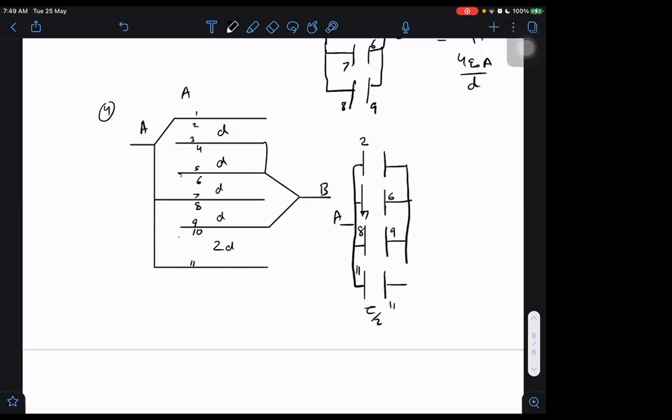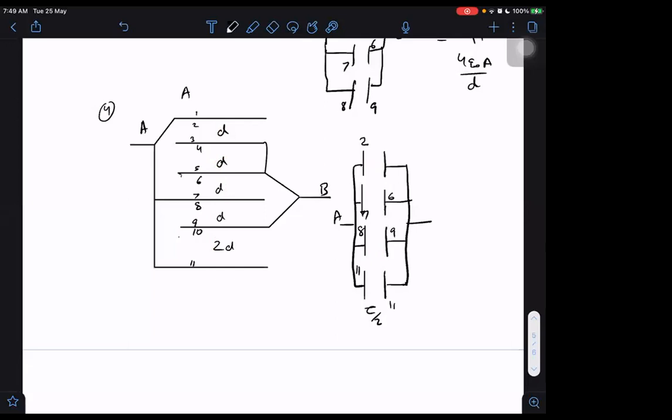Remaining all capacitors are C each. Have we done all? 1 done, 2 done, 3 done, 4 done. There are 4, and we have checked there's 4. You can check here how many are there. This one is not existing because both terminals are connected together.